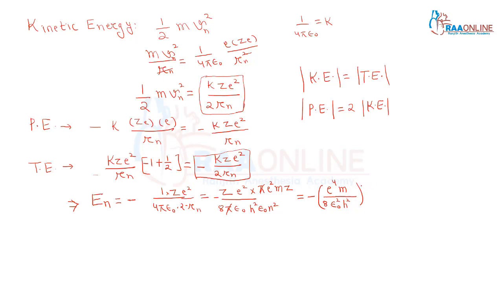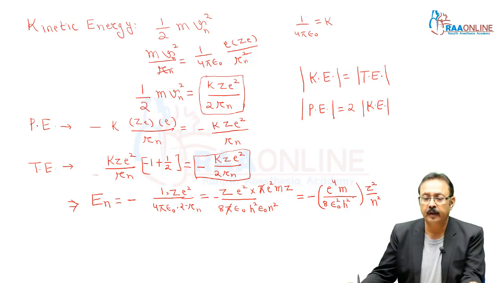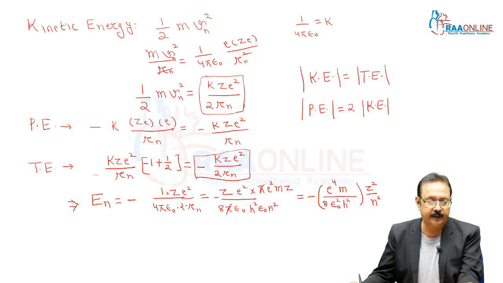After that, in the numerator z square, in the denominator n square. So we are getting this number, me4 over 8 epsilon naught square h square.